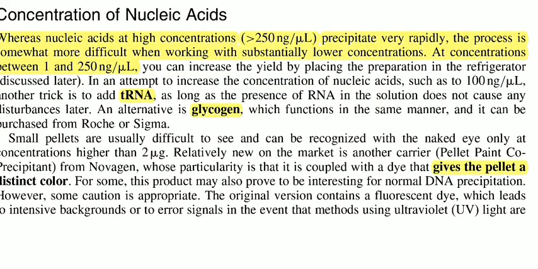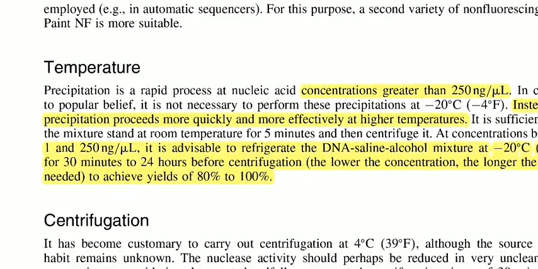Then concentration of nucleic acids. When the nucleic acid is at high concentration, like when we are extracting DNA from a tissue sample, we crush it and extract the DNA, and the DNA is huge in quantity. So in this case, where we guess that the DNA in the sample is above this range, we can use this kind of technique.